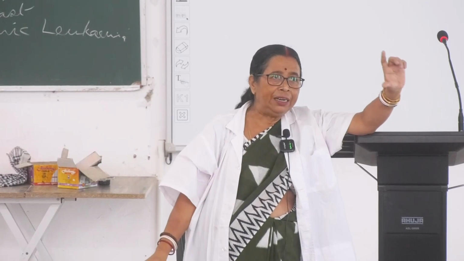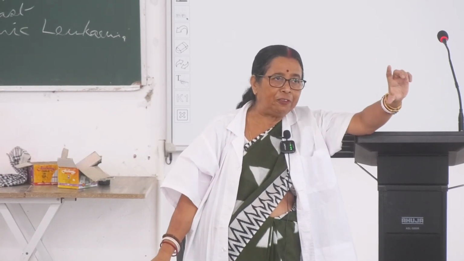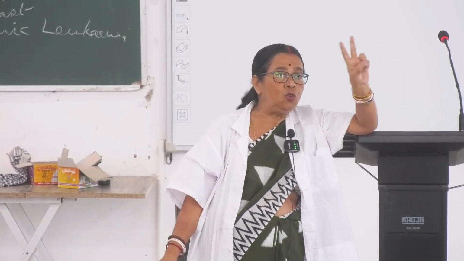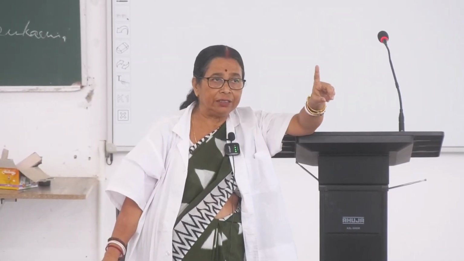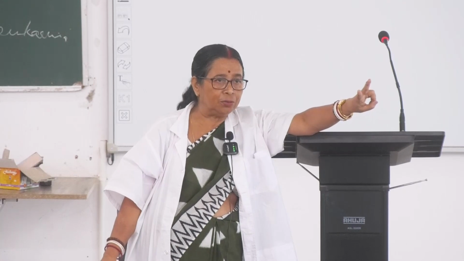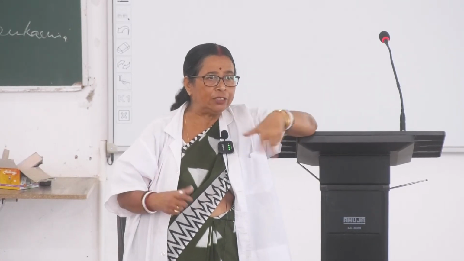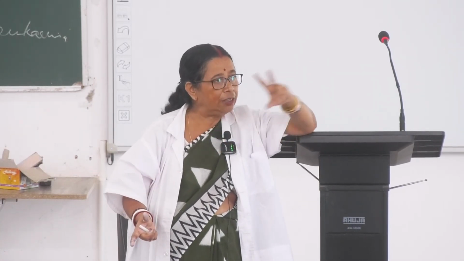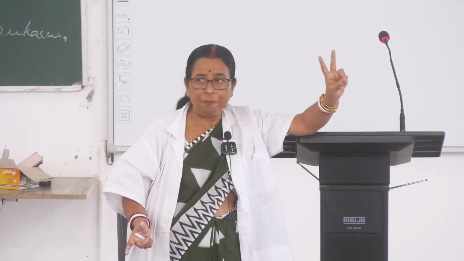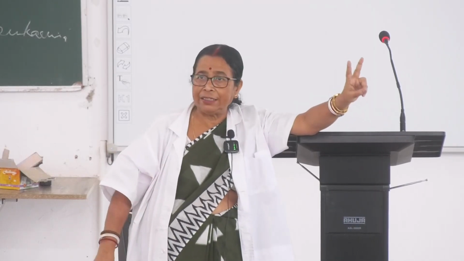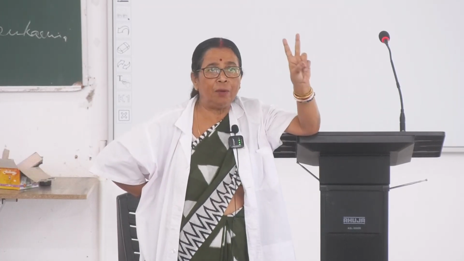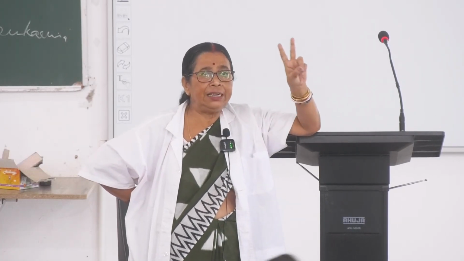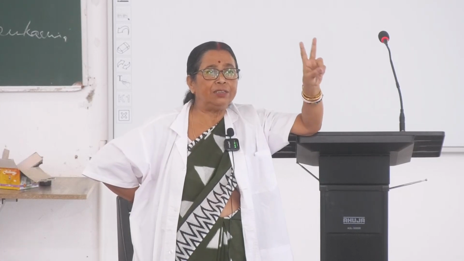When we detect blast in the peripheral blood, at least 200 WBC will be counted, not 100. তারপরে আমি পার্সেন্টেজ করব, 200টায় এত, 100টায় কত, ক্লিয়ার? এটা হচ্ছে পেরিফেরাল ব্লাড। For peripheral blood, to find out blast, 200 WBC count, differential count is mandatory.